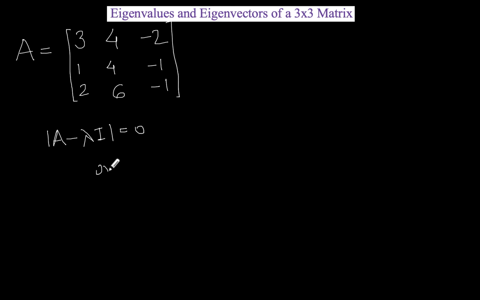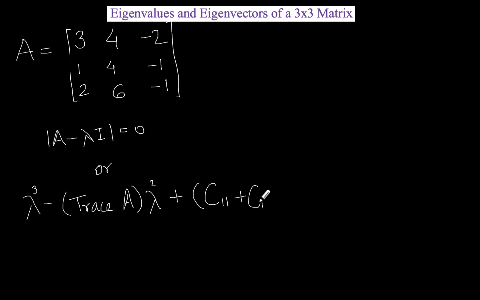There is another method or formula to write down the characteristic equation, which for a 3 by 3 matrix is given by lambda cubed minus trace of A times lambda squared plus the sum of the cofactors of the diagonal entries of the matrix times lambda minus determinant of A is equal to 0.